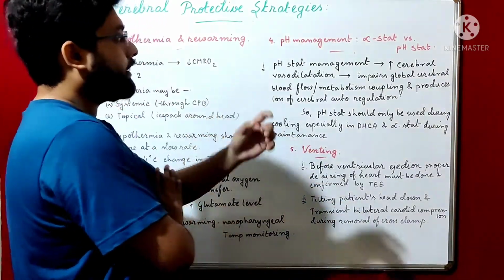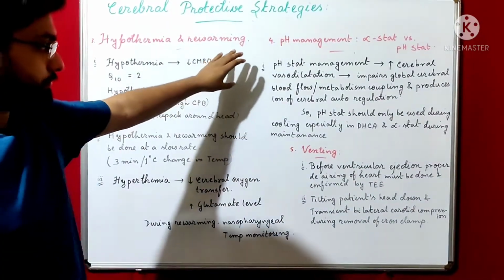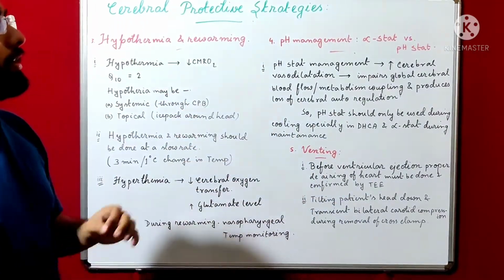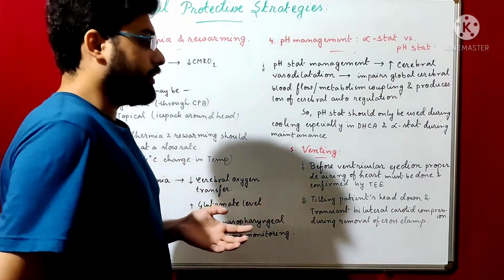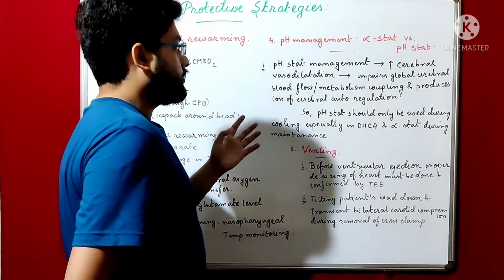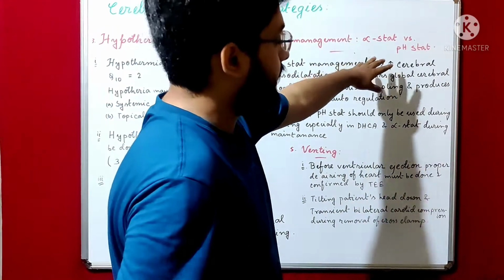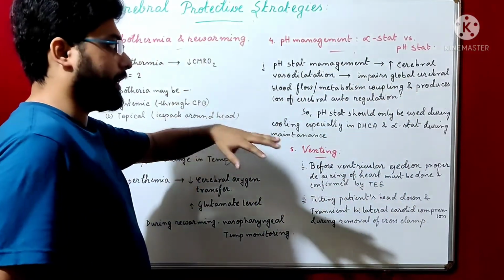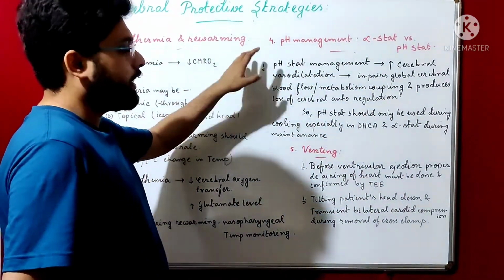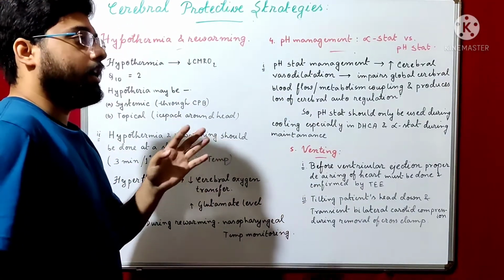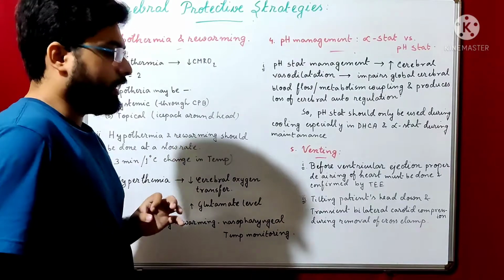So in pH stat, what happens when you are cooling down the patient with hypothermia? The solubility of gas increases, especially CO2. So when we follow pH stat strategy, what will we see? We will see the PCO2 is lower than normal.